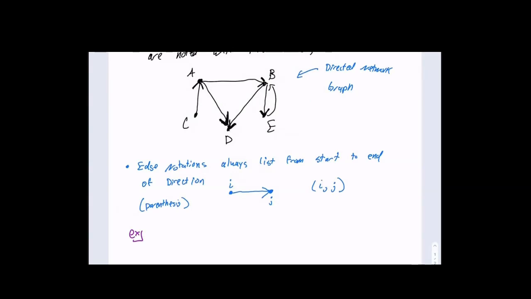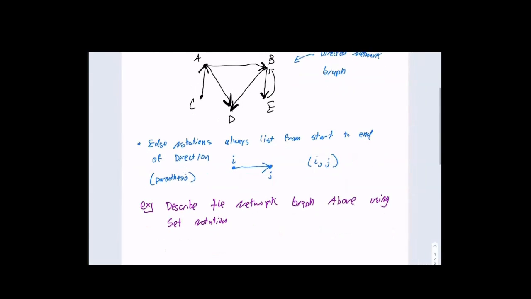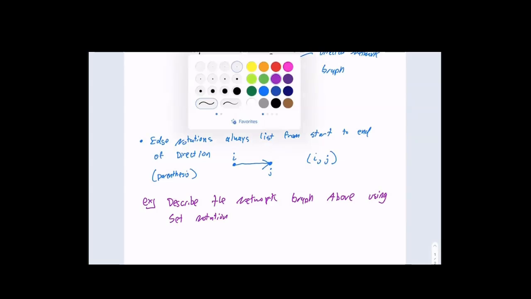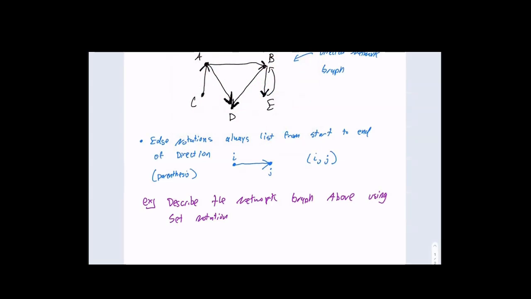So we'll do an example. Let's describe the network, and it's directed, so it's already known, the network graph above, using set notation. Well, so what do I do on this using sets?